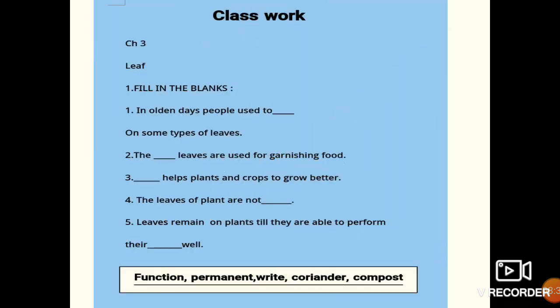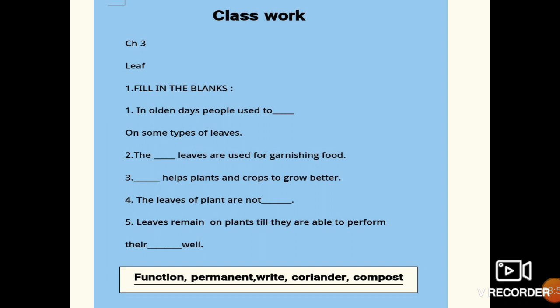And your today's classwork, children, fill in the blanks. I am also providing you a help box and the words written here: function, permanent, right, coriander and compost, and you have to fill the correct word in the given question. In olden days, people used to dash on some types of leaves.